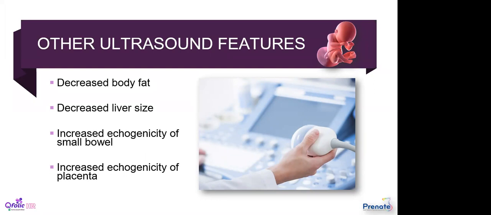Increased echogenicity of small bowel is a single independent factor which has good predictive value in terms of identification of growth restriction. So if we see increased echogenicity in the bowel in the first or second trimester, then these fetuses should be followed regularly by serial ultrasounds and umbilical artery Doppler studies.